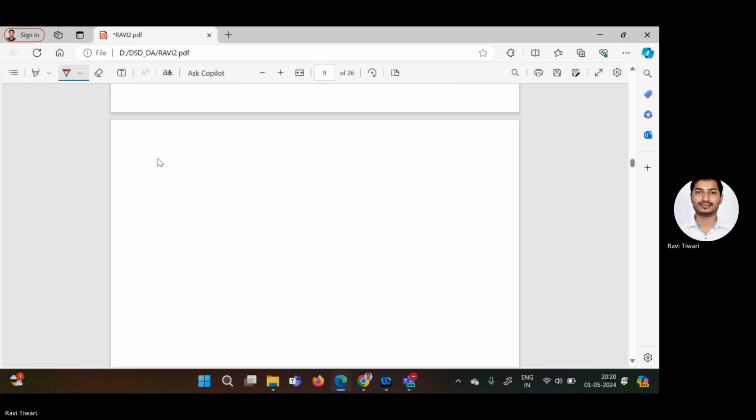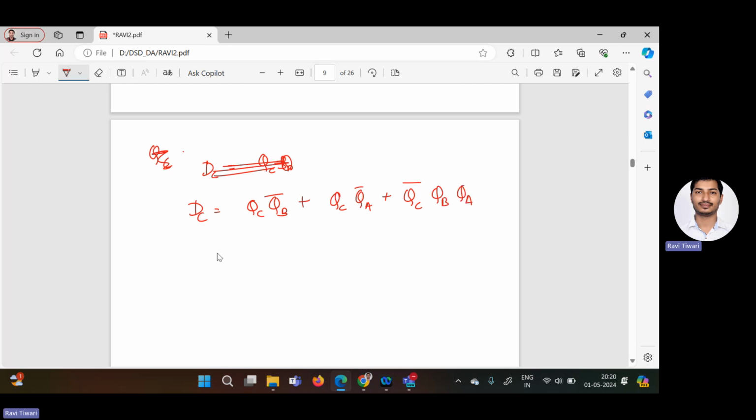So by using the K-map, we have derived the expression of DC, which is equal to QC QB bar plus QC QA bar plus QC bar QB QA. Similarly, we have derived the expression of DB equal to QB bar QA plus QB QA bar. Similarly, the expression of DA was QA bar.